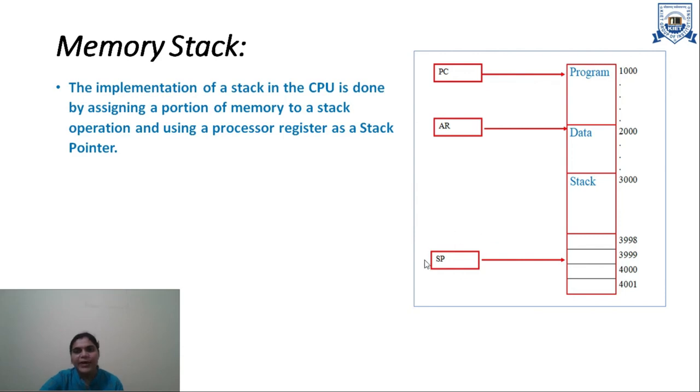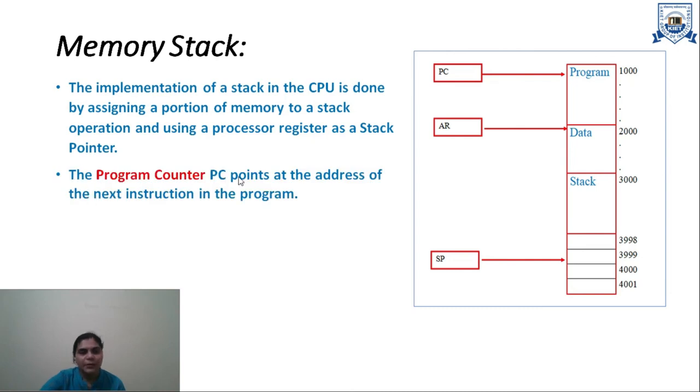Here the stack pointer is the register which is used to implement the stack in memory. In a memory stack, a portion of memory is assigned to a program to work as a stack. The program counter, as I said, points to the address of the next instruction in the program.